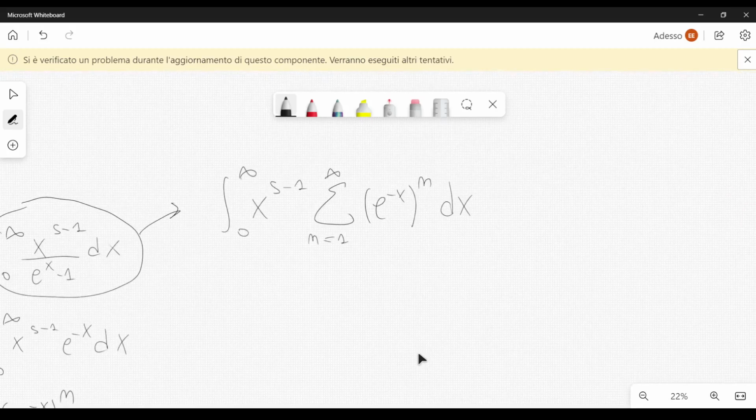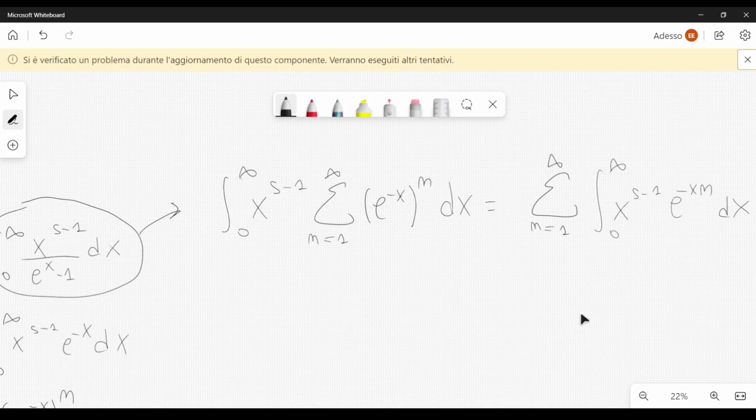And now what I'm going to do is make a substitution in the integral, and in particular first I'm going to put this summation outside the integral. So we have sum over n from 1 to infinity, and then I have the integral from 0 to infinity x to the power s minus 1, and then I have e to the minus x times n dx.